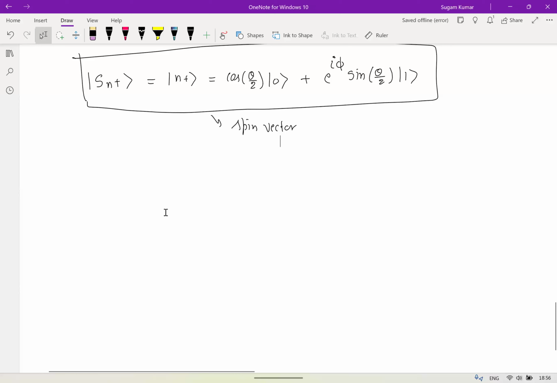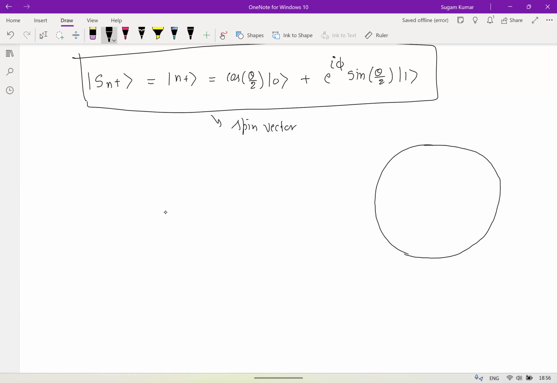And now what I can do is draw a sphere. So let's think about this x-axis and y-axis, and this is the z-axis, to show that this looks like a sphere, not a circle.